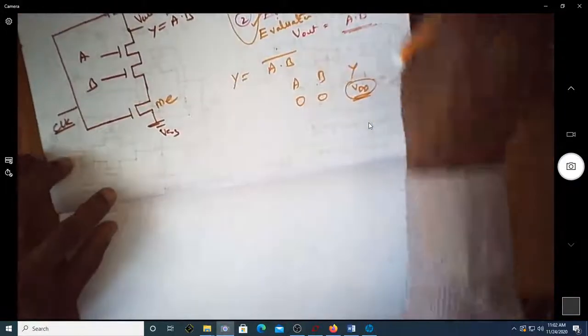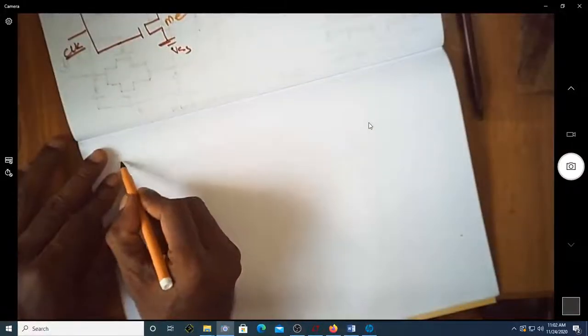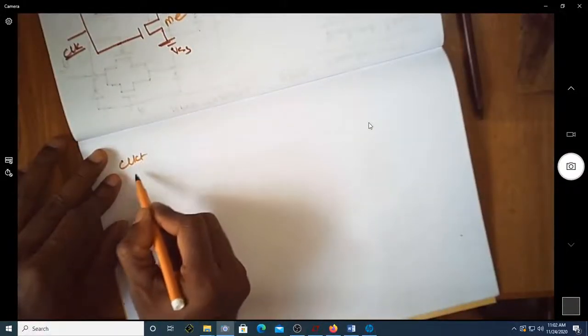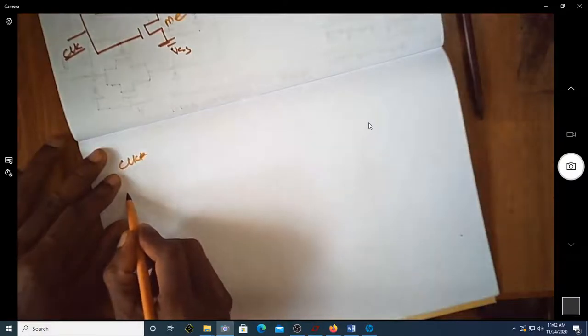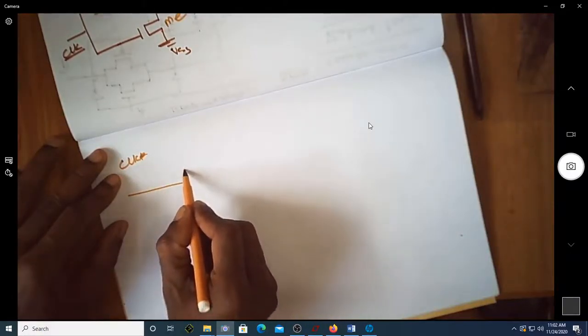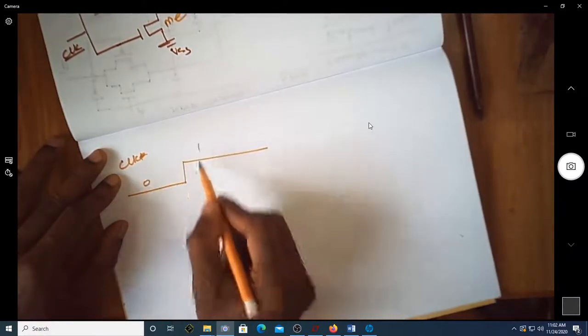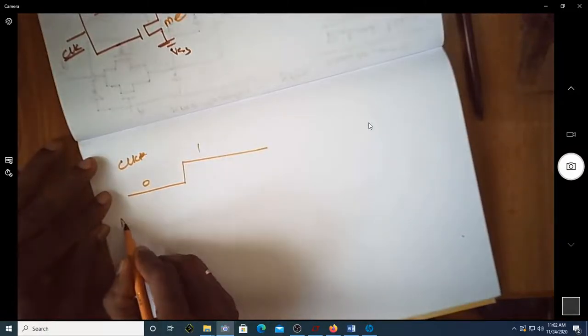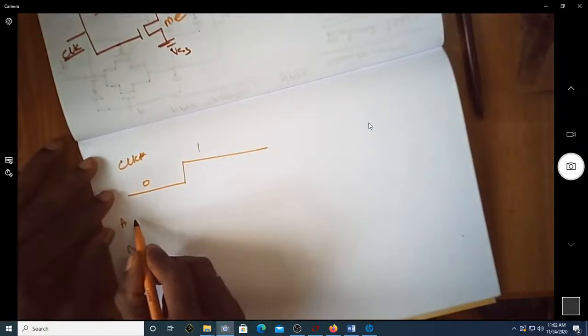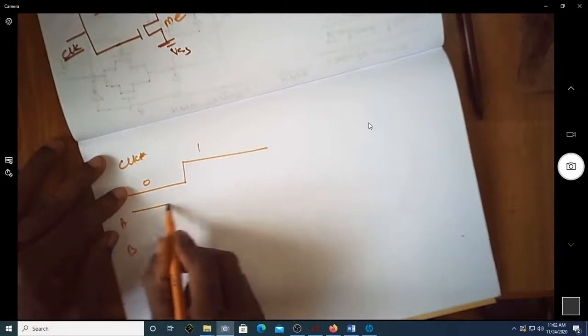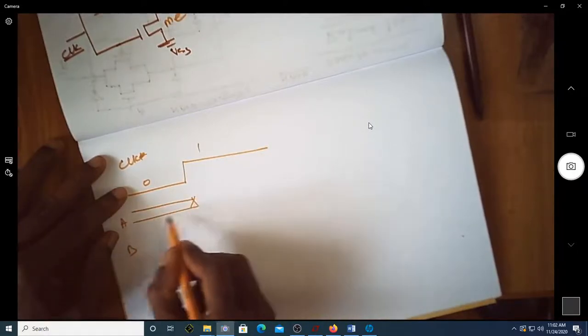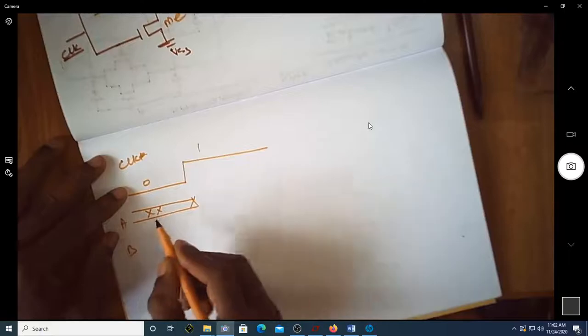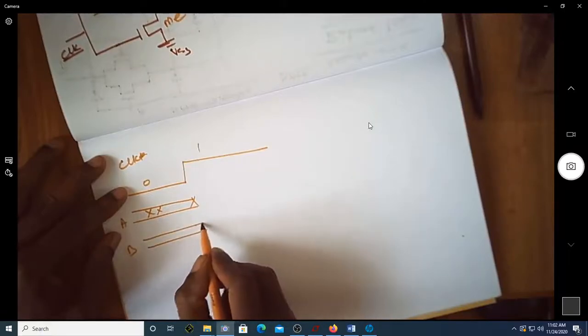So what we can think of is, we can have this as my clock. Clock is first made 0 and then made 1. So now if you consider this as my AB, irrespective of the value of AB here, it can be X X, either 0 or 1, it doesn't matter.